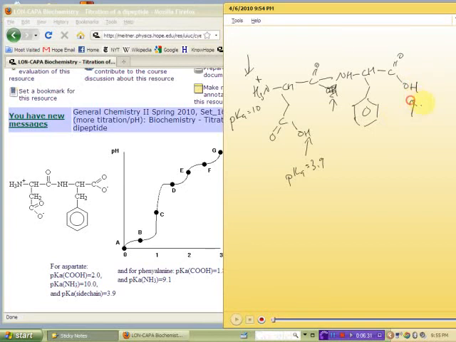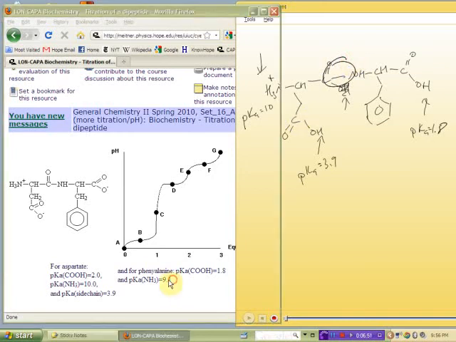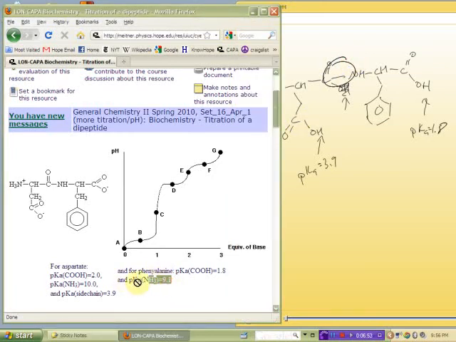So if we look at the given pKa's for phenylalanine, the pKa for the carboxyl terminus, that's the 1.8. And the pKa of the amino terminus over here would be 9, but again, it's not there anymore because this bond means that this is not free to react anymore, and neither is this.